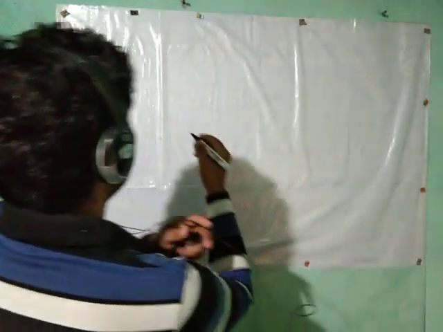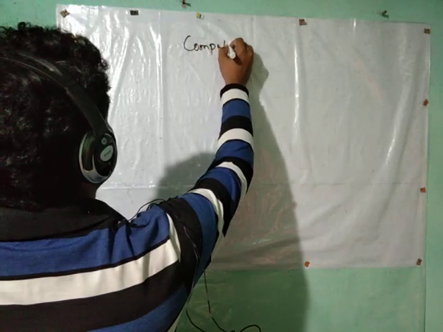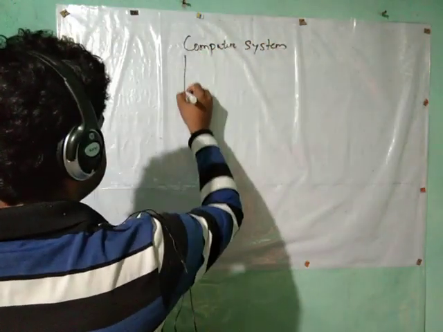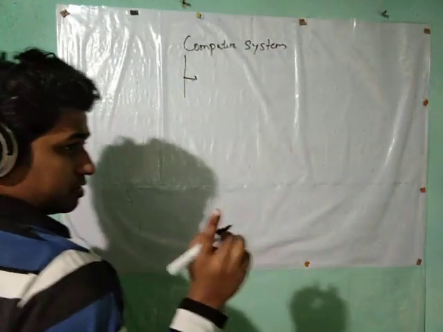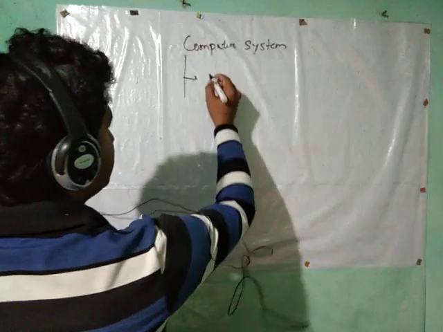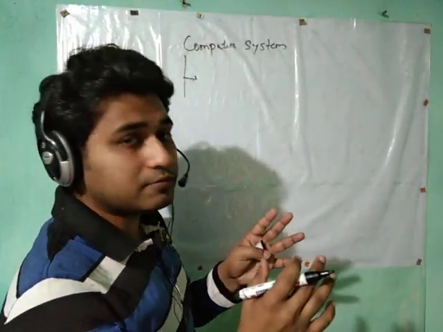I am not discussing a single computer. I am considering this computer as a system. Now, for being a system, it must have some parts available to make a system.